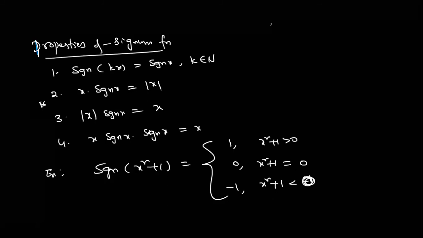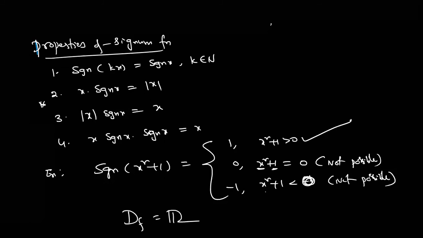Dear students, what are you observing? The second case is not possible. Check it. Why? x square plus 1 is positive, and positive cannot be 0. The third case also fails: x square plus 1 is positive and cannot be less than 0. So only one case works. Then for the domain, always the set of real numbers; take any number, it is always greater than 0.